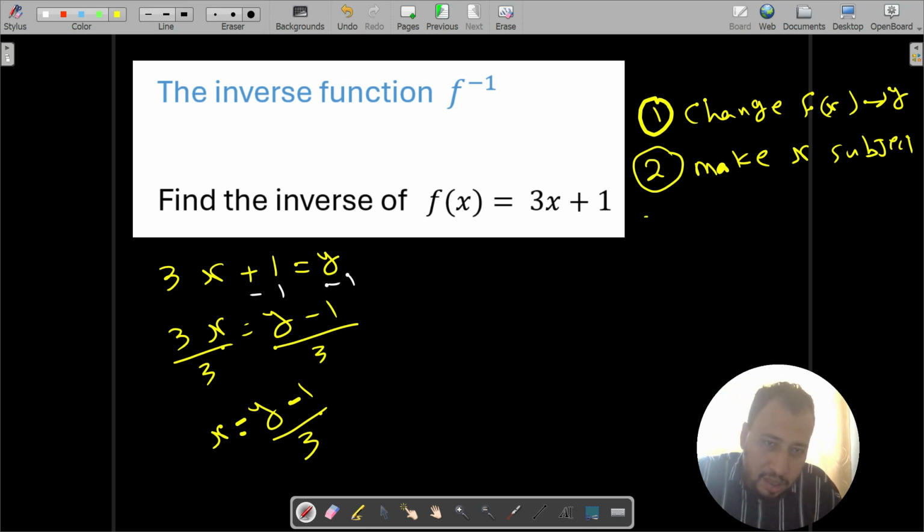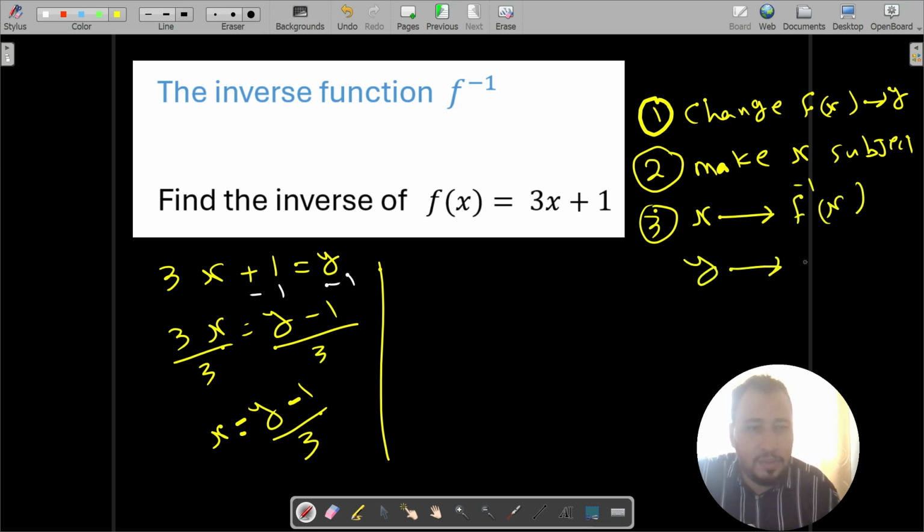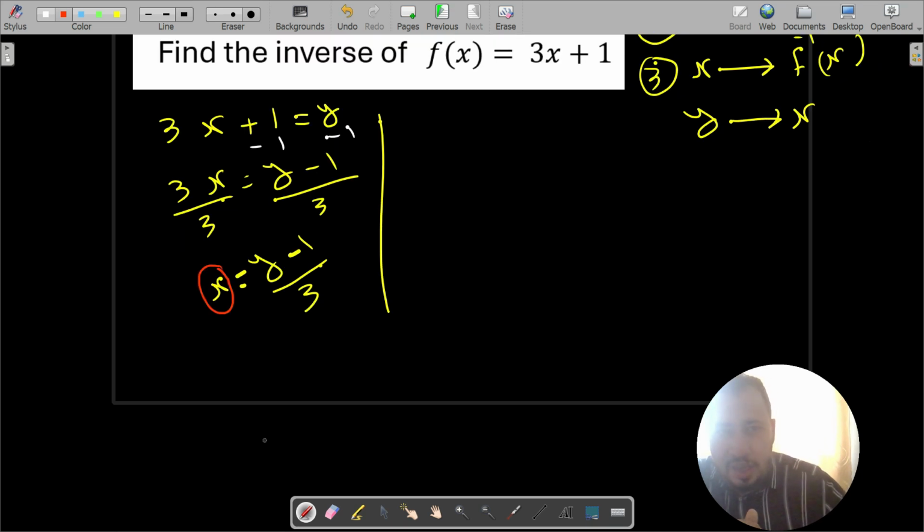But what is the third step? The third step here is to change x with f inverse, the inverse function, and you change y with x. What do you mean, Mr.? I mean this x over here, you replace it with f inverse of x.